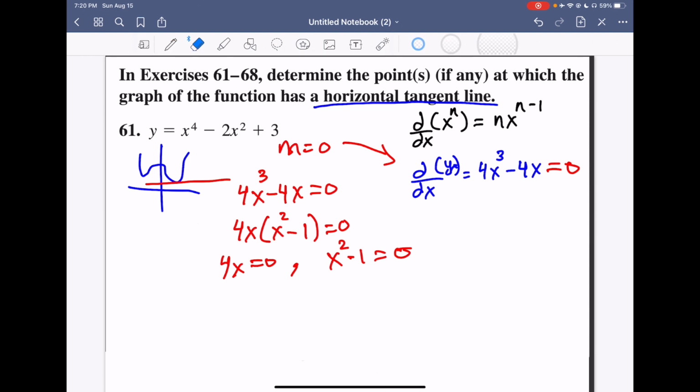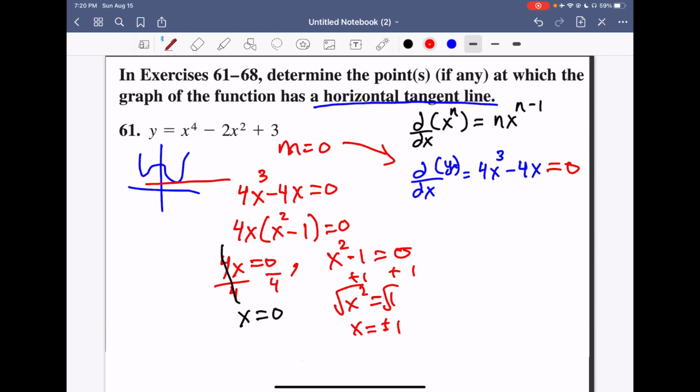So from this point, we can analyze and say that we have a division by 4 here, and that crosses out my 4 here, and I end up with x equal to 0. Now on the other hand, for my x squared here, we can add a 1, we end up with x squared equal to 1. We take the square root of both sides and get x equals plus or minus 1. So our final solution will be x is equal to 0, positive 1, negative 1.